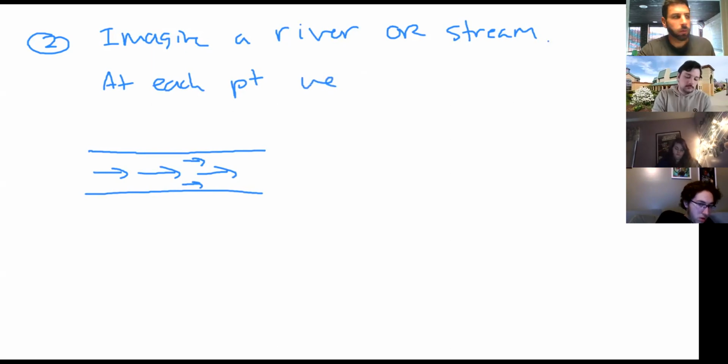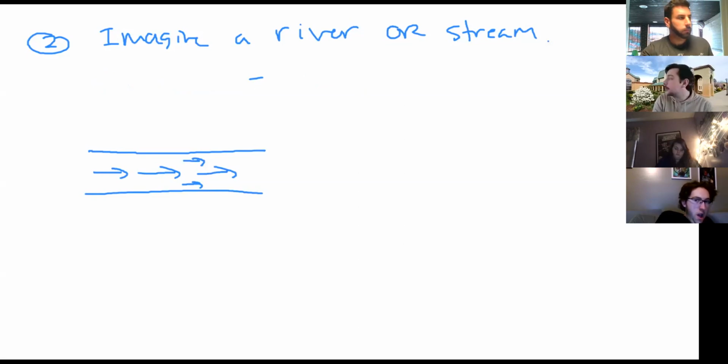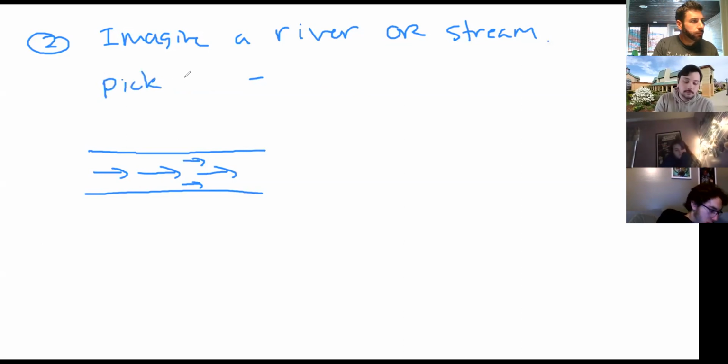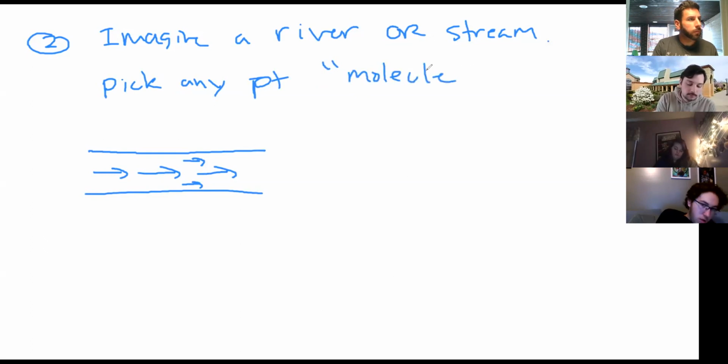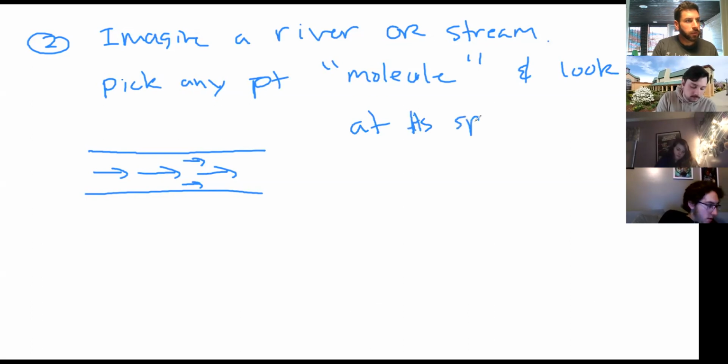Let's formulate it a little more naively. What you can do is pick any point, say a molecule, and look at its speed and direction.